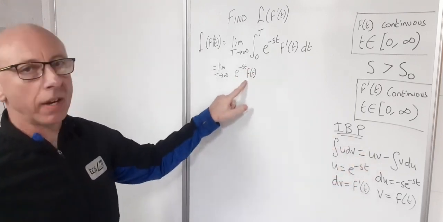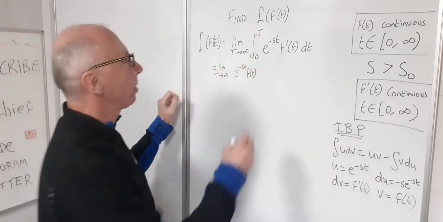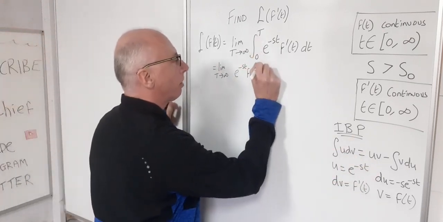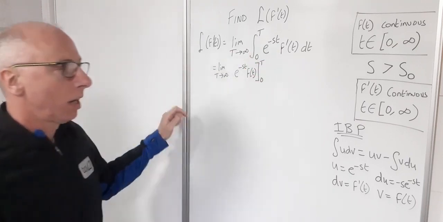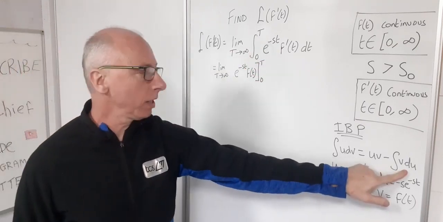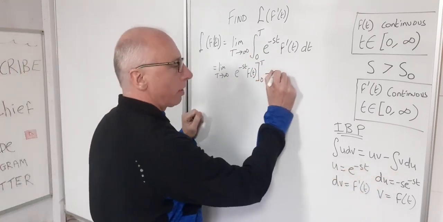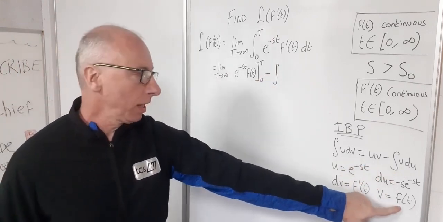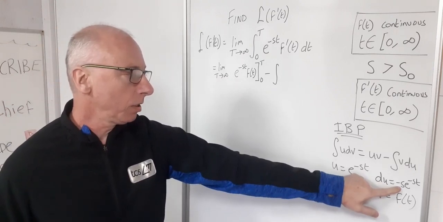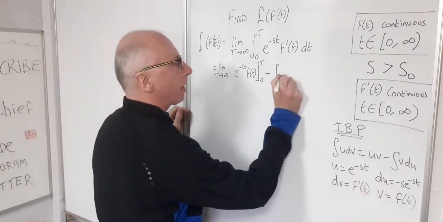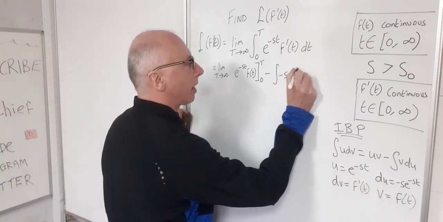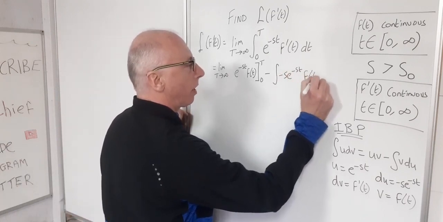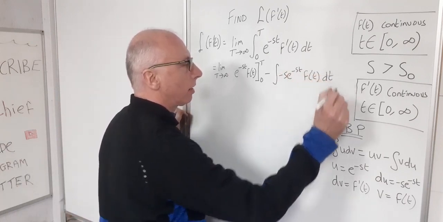This has to be evaluated over my range of integration, so that's from 0 to T. Okay, and now I've got the new integral. So minus the integral of v times du. So v is f of t and du is this one. So minus s e to the minus st, f of t and dt.